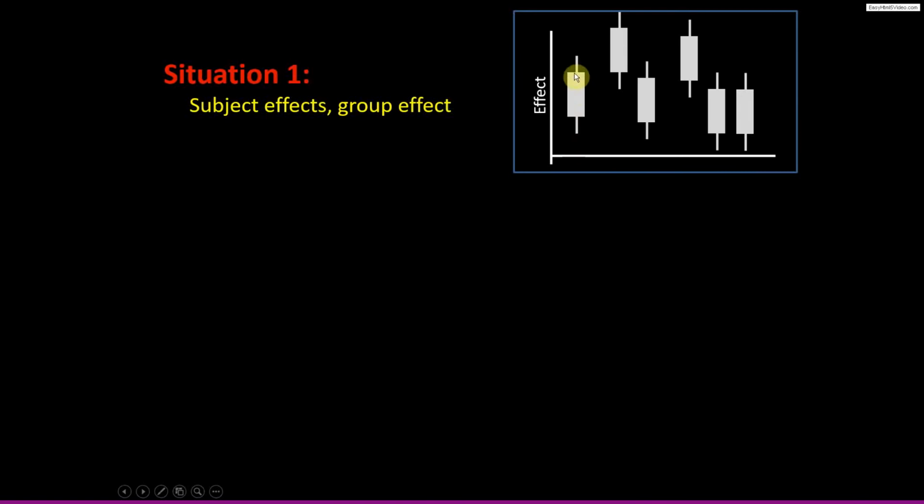You can imagine these distributions are showing the distributions of trials within each subject. So these would be all the trials for this subject and all the trials for this subject. We can say that all the trials are greater than 0, so let's say there's a significant effect within each subject, and also there's an effect at the group level.